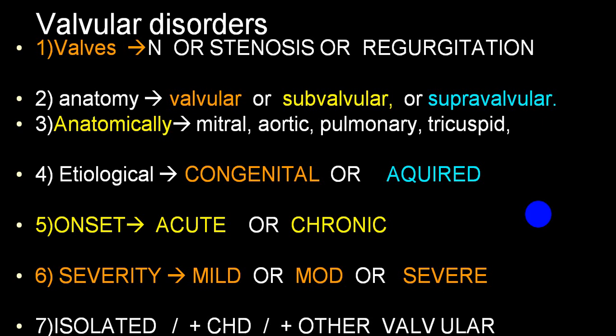For example, pulmonary stenosis may be there in presence of Fallot's tetralogy or pentalogy. Mitral stenosis may be present along with ASD, we call Lutembacher. Or you might have two or three valvular structures involved together. So these are the different terminologies very frequently utilized while discussing valvular heart disease.